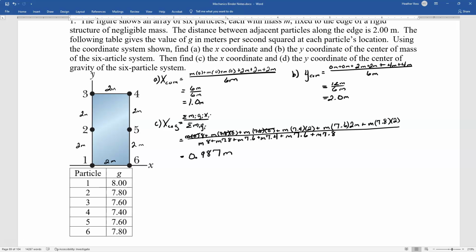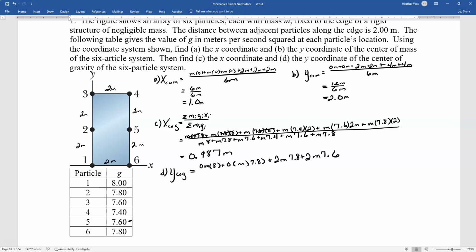If I repeat this calculation with my y center of gravity, I'm going to have 0 times mass times 8, 0 times mass times 7.8. And then we would go up, and these are both 2 up, so I've got 2 times mass times the gravity, which is 7.8. Particle 5 has 2 times mass times 7.6.